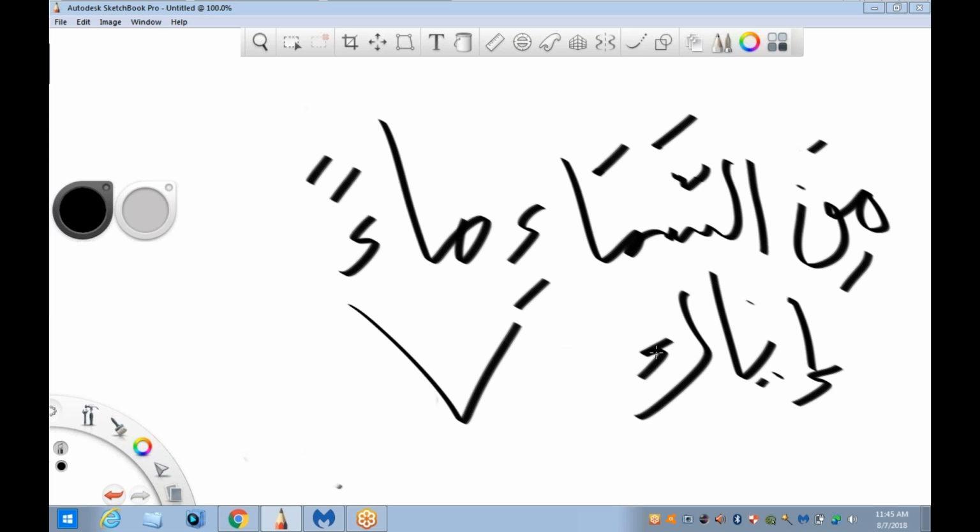When you say iyyaka na'budu, you're not going to say it without the hamza. And you're not going to say it like that here in wa iyyaka nasta'in either.